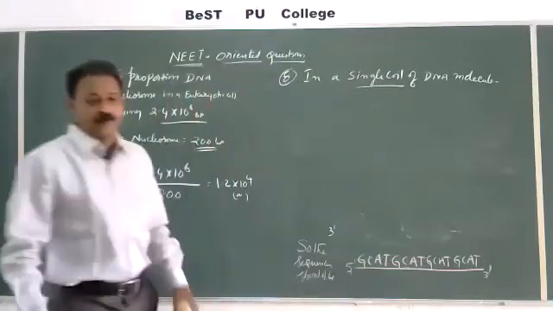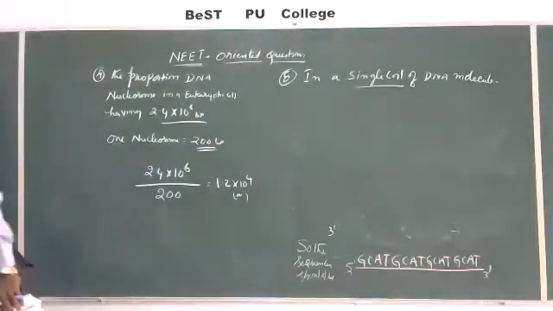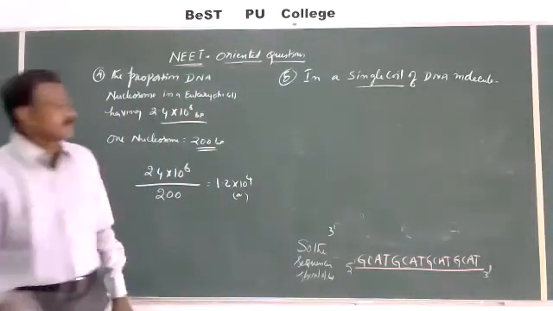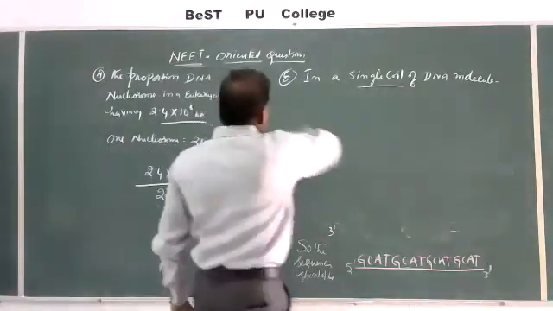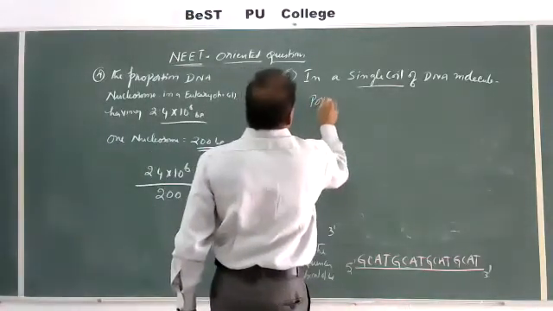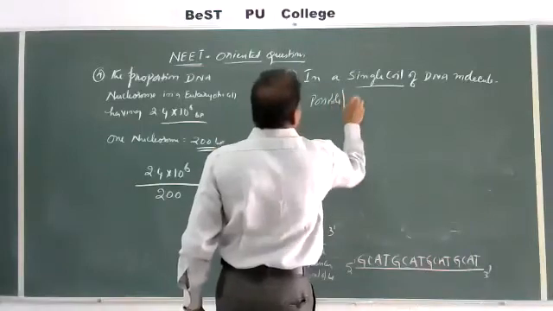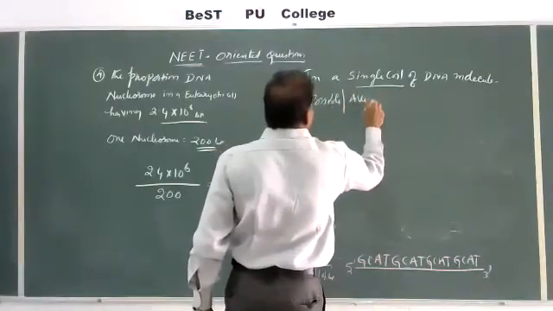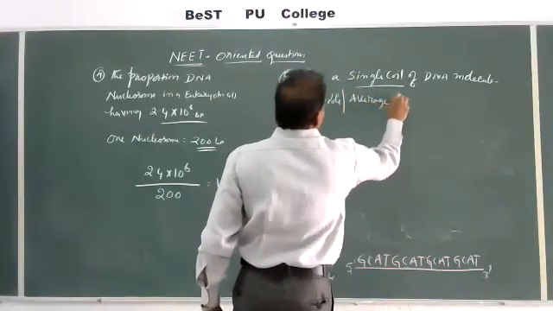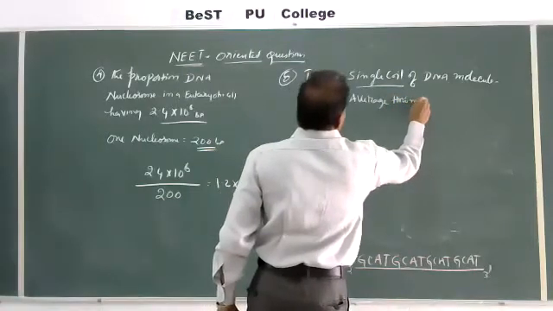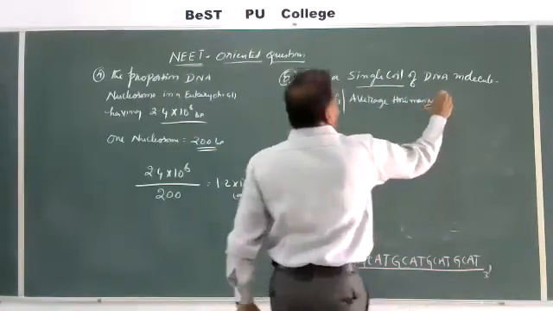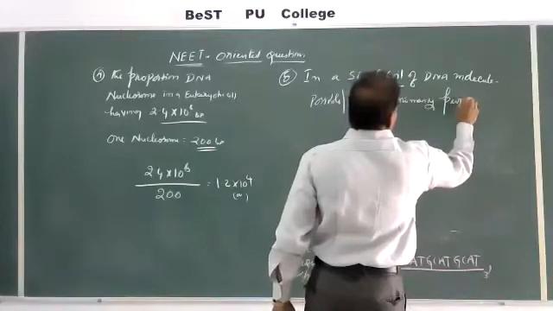In one complete turn of DNA molecule, on an average, how many purines may be present?